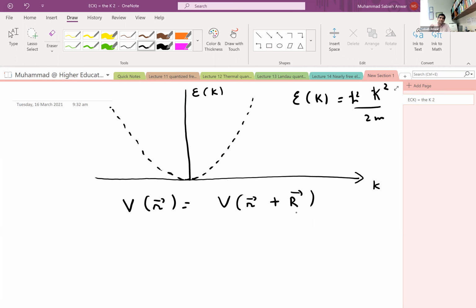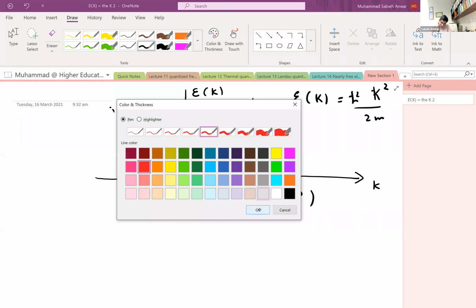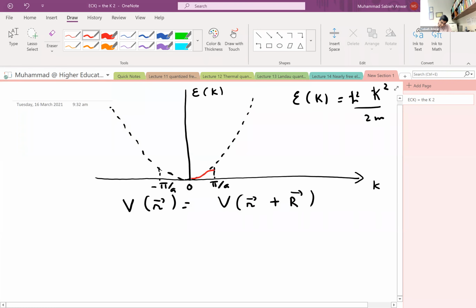And it's going to be punctuated at precise points. So if this is k equals 0, and I'm looking at one dimension, if I look at the value of this energy at pi over a and minus pi over a, there is a deviation from the parabolic dispersion relationship close to these points.